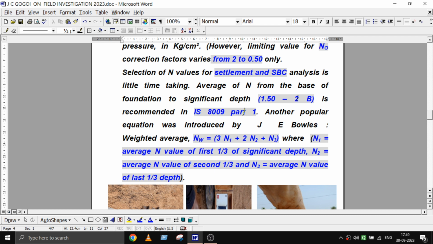Because you see, when we go for 2B, then our SBC will be a little higher because in any case our N value shall be increasing proportionately with depth.